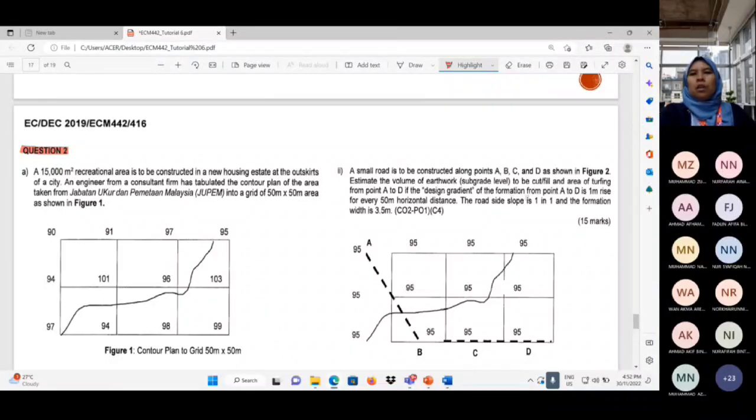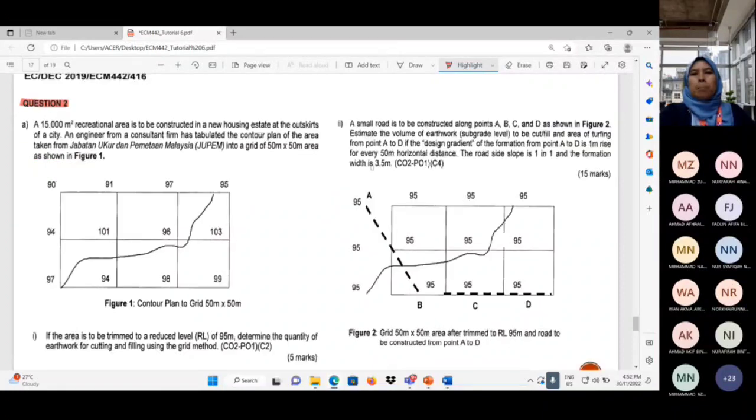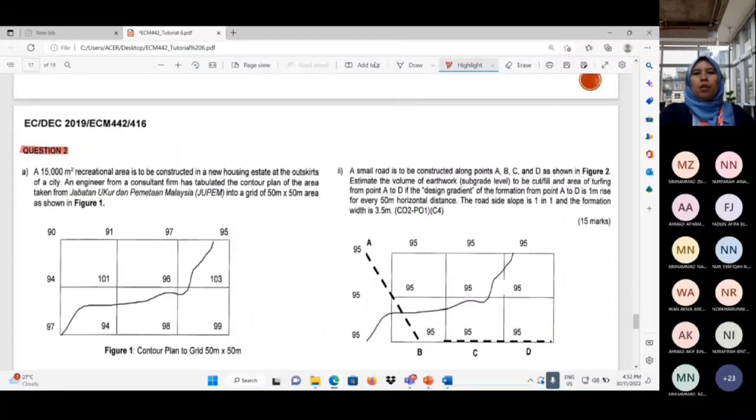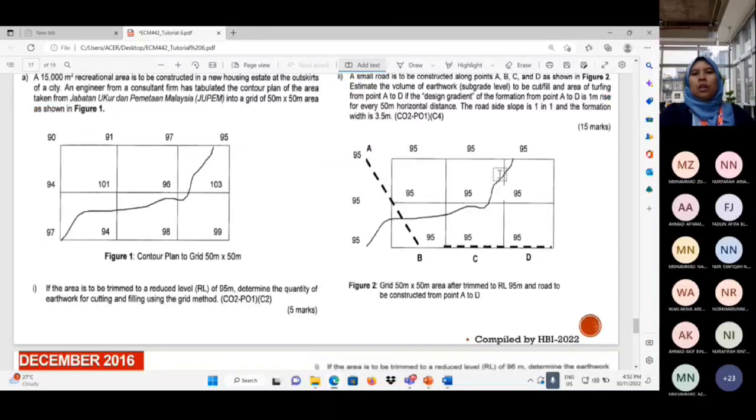The roadside slope is 1 in 1 and the formation width is 3.5 meter. So here, the distance given from this grid is 50 by 50 grid.